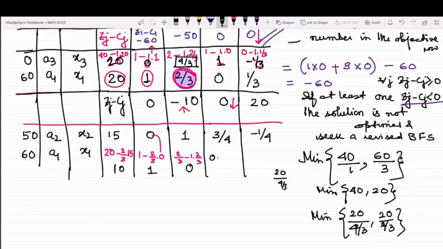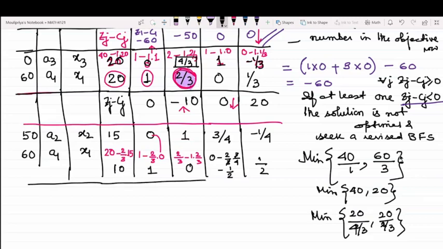Initially it was 0 minus 2/3 into 3/4, so this is minus half. And the final element is half, correct.